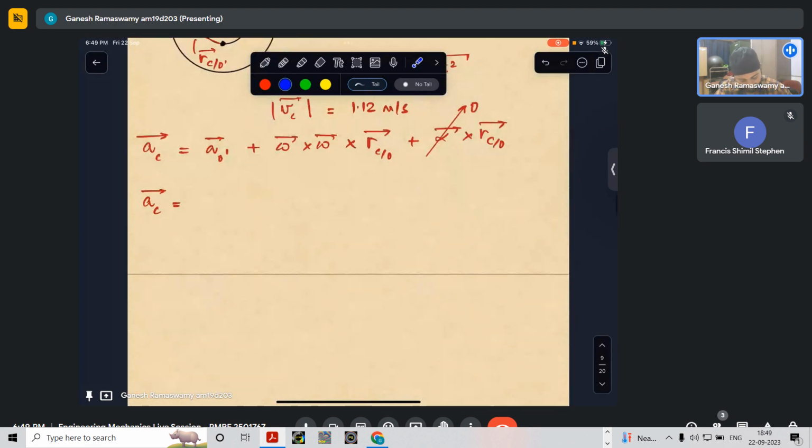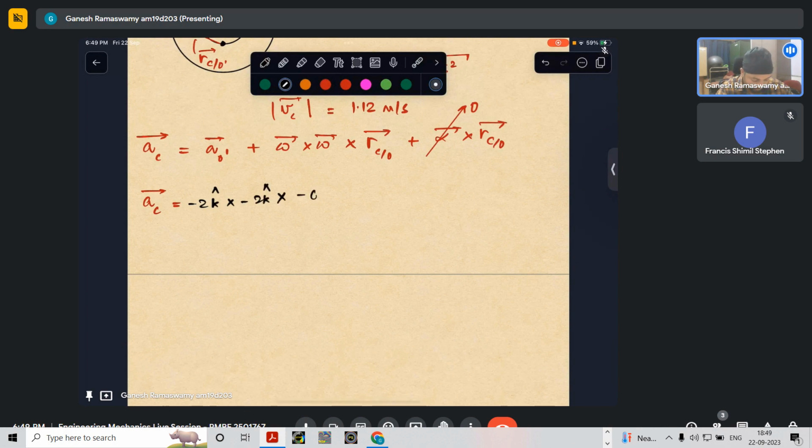So I'll just write this as minus 2k cross minus 2k cross minus 0.25 j. So this is the acceleration of the point of zero velocity.